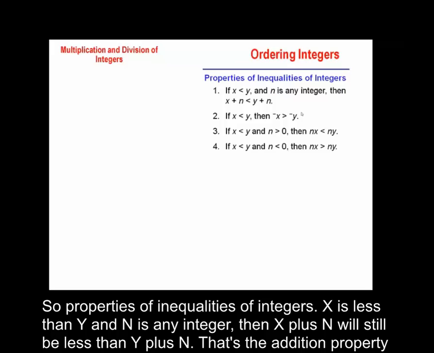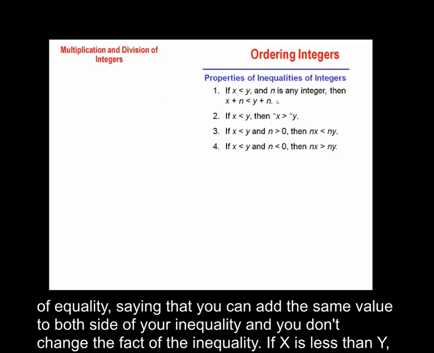So properties of inequalities of integers. If x is less than y and n is any integer, then x plus n will still be less than y plus n. That's the addition property of inequality, saying that you can add the same value to both sides of your inequality, and you don't change the fact of the inequality.